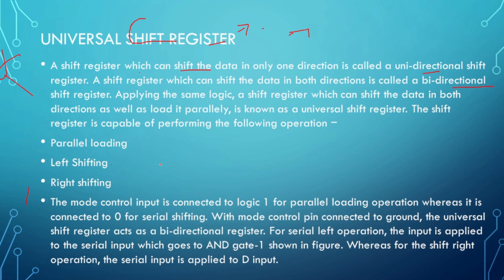If the data is transferred from one flip-flop to another in the left direction, this universal shift register can do that process. Transferring data from one flip-flop to another on the left side is known as left shifting. If the data is transferred from one flip-flop to another in the right direction, that is right shifting. Afterwards, it can do the parallel loading.